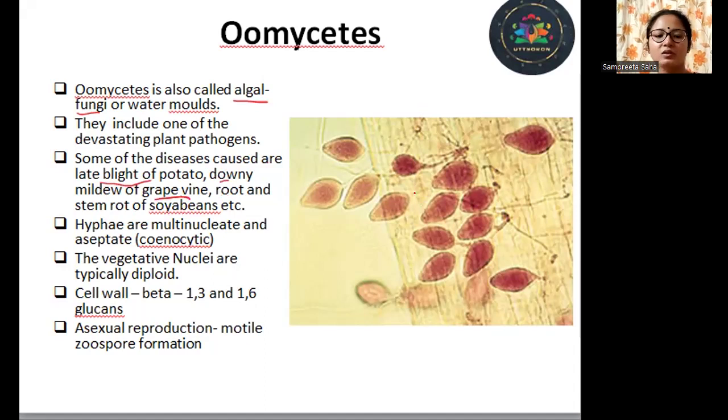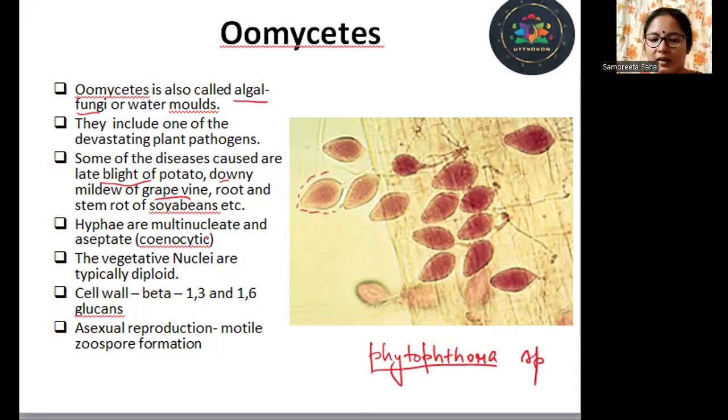So this picture over here is also a species of Phytophthora. It has this peculiarity of having this lemon-shaped sporangium.